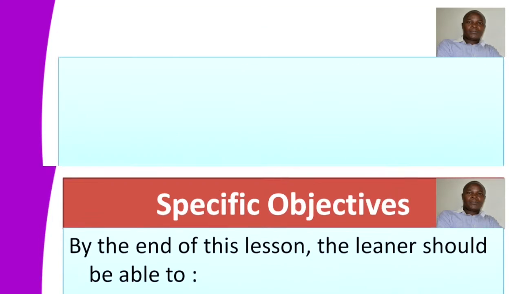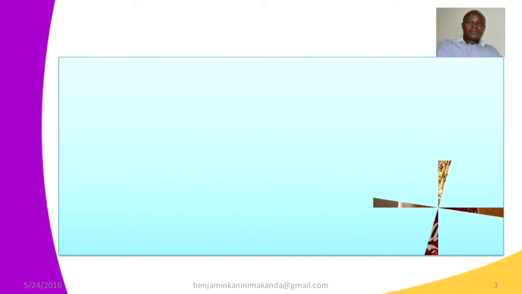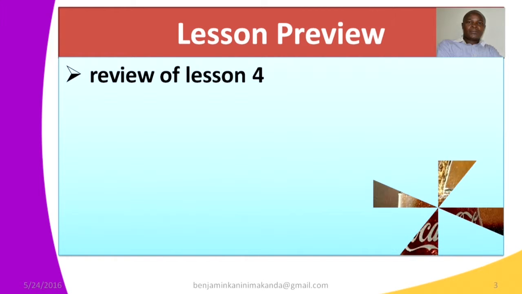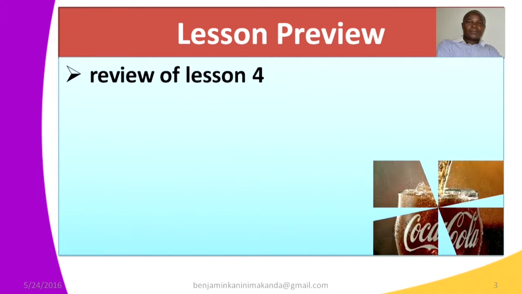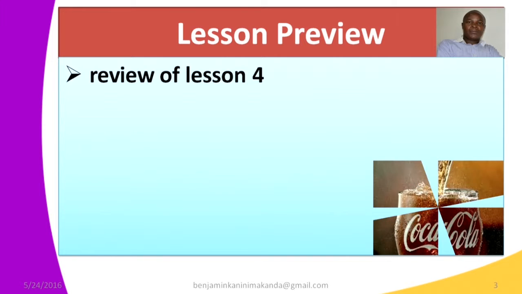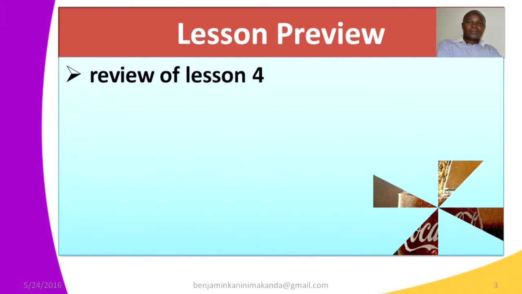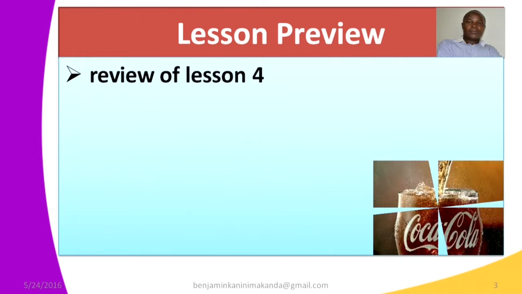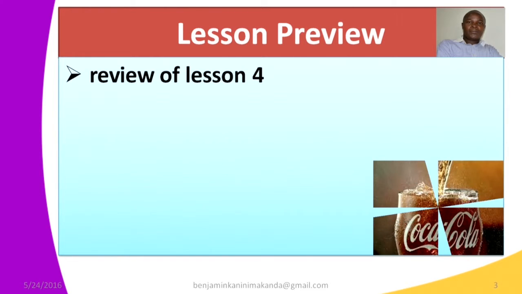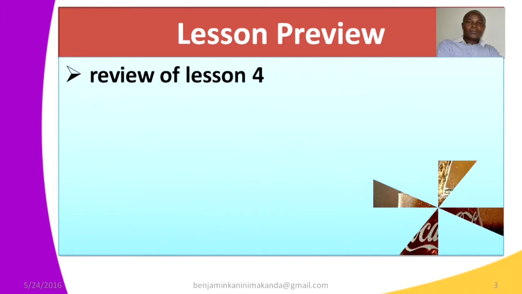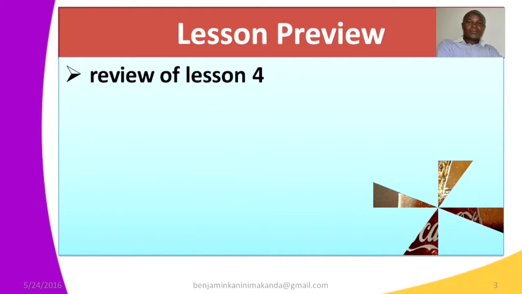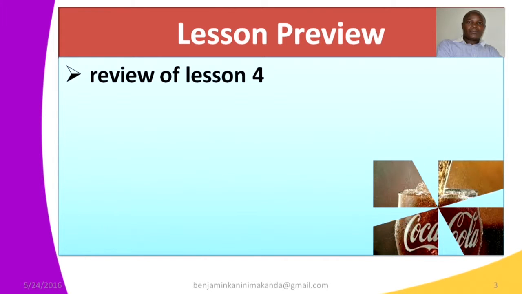Now, our lesson is going to follow the following order. That is lesson preview. We want to have a quick review of lesson 4, where we looked at various parameters that are used in measurement 1. We discussed volume, area, length, and also density, not forgetting mass. We related density as mass per unit volume of any given substance.